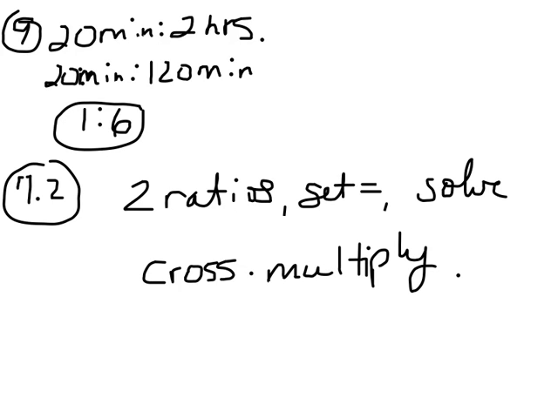The thing about ratios is you can use them for so many things. That's why we're wanting to remember them. Let's start with an easy one, and then we'll work on the harder ones at the end. Let me start with number 3, okay? Reducing fractions was 7.1, and 7.2 is actually solving proportions, two ratios set equal to each other.